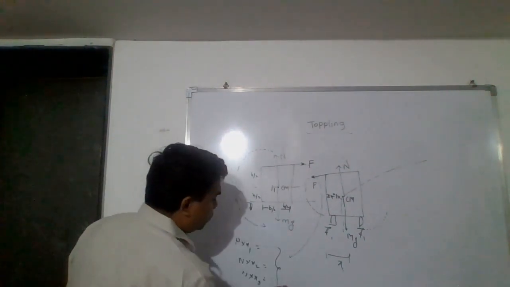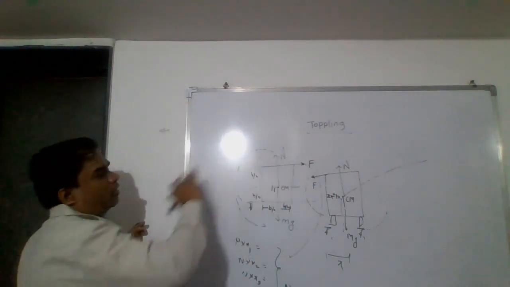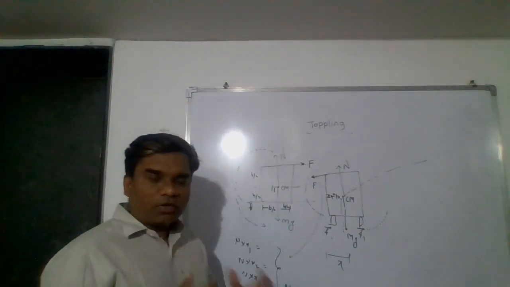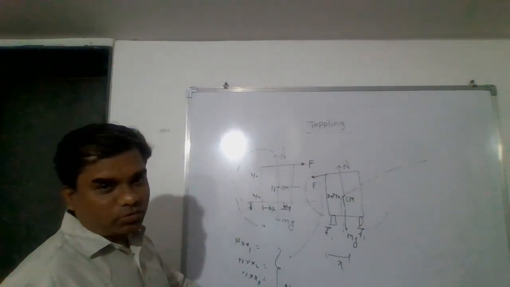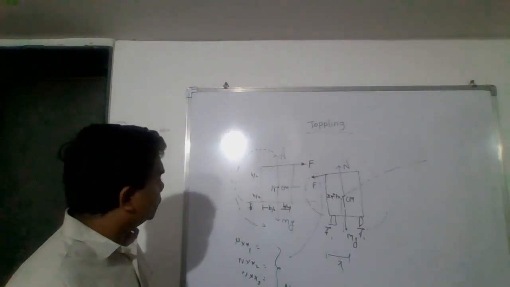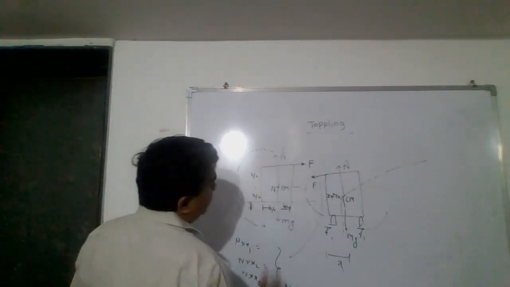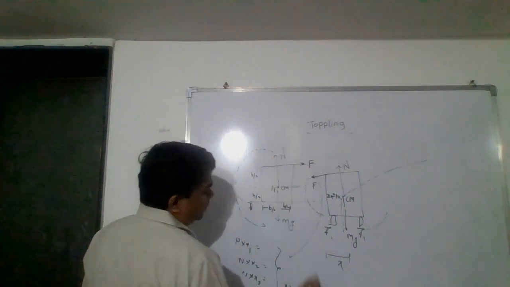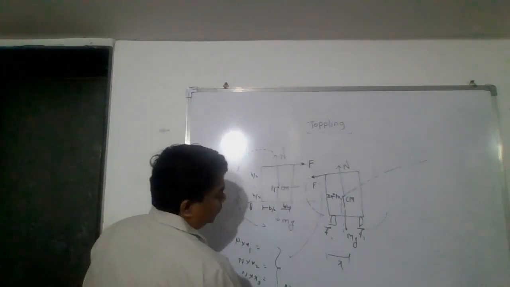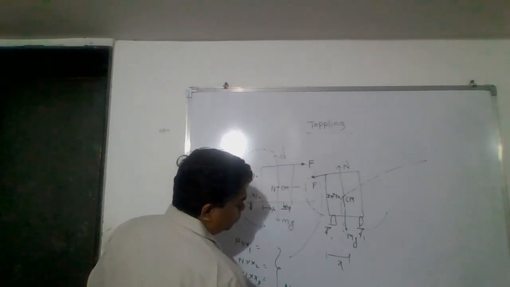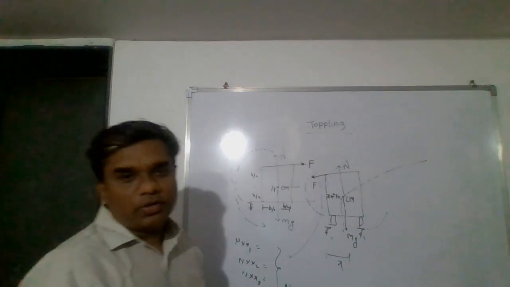So the maximum value this anti-couple or balancing couple can attain is N into b by 2. When this value is less than the couple formed by these forces, the vehicle or the body topples.